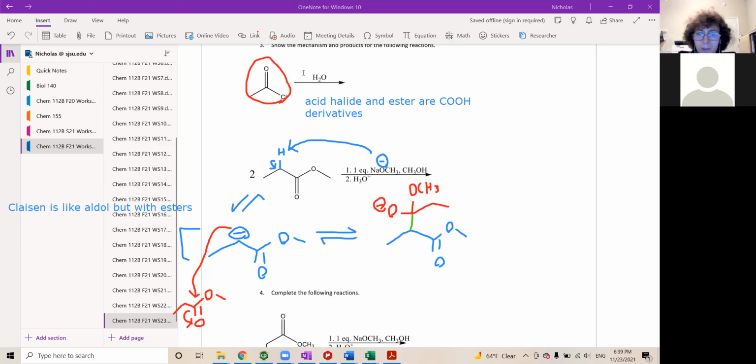So they all do nucleophilic acyl substitutions. That's the general reaction they do. So what did we do when we had the alkoxide in the last reaction with the acid halide? Did we protonate it? Did we reform the carbonyl and do anything else?